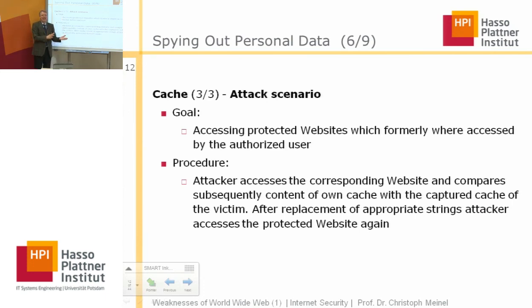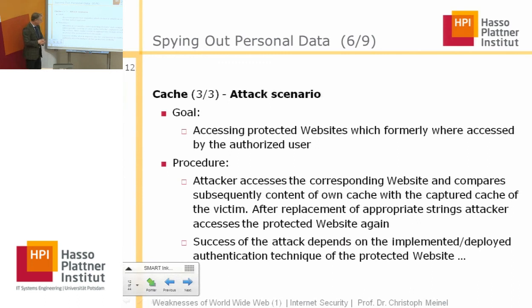Then the attacker can also access the website which needs an authorization. And the attacker can access this, without understanding, because he used the authorization of the victim, by means of the cached content of this login information.